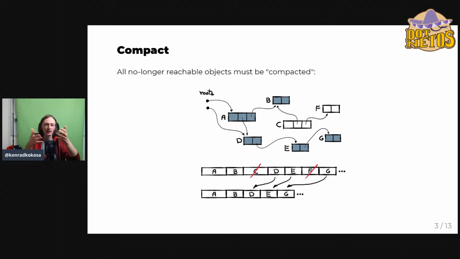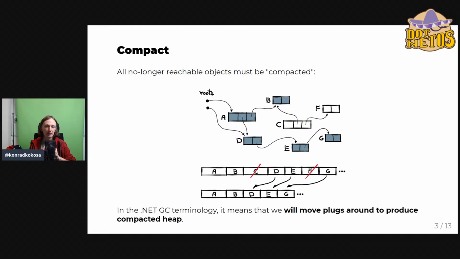So compacting, this is how it looks in theory in every compacting GC in the world. This is the whole concept. In terms of the .NET GC terminology that we already probably know after the previous episodes, it means that we will move plugs around to produce a compacted heap.